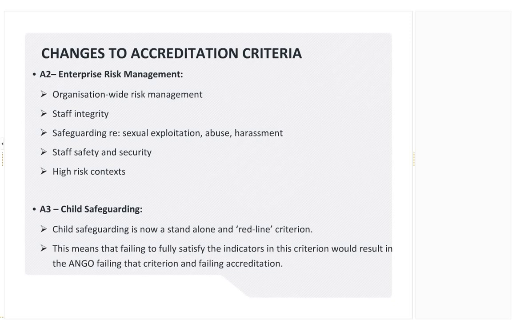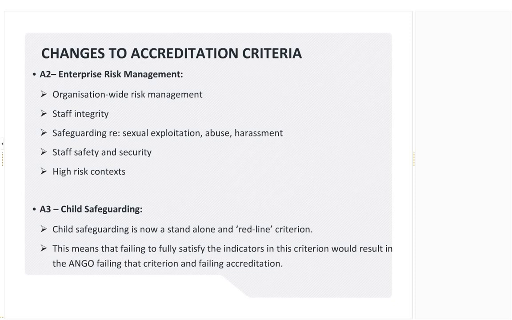It now looks at staff integrity and in particular safeguarding processes regarding sexual exploitation, abuse and also harassment, and I know all of you will recognise the relevance and importance of that for the sector at this time, and certainly too for DFAT. So staff integrity was an aspect within the old criteria framework, but wasn't particularly explicit, so it now is much more explicit.